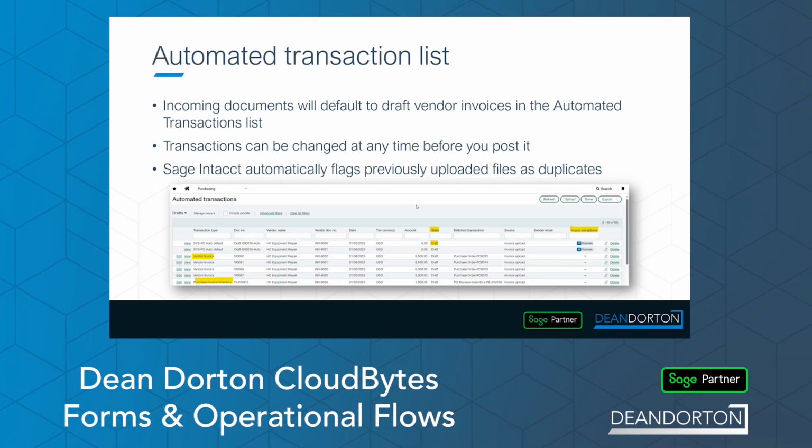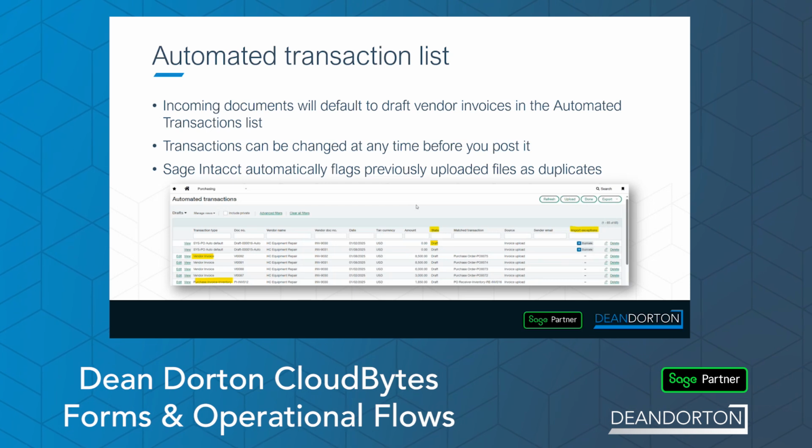So this is a new screen, a new list view inside of Intacct, and the incoming documents will default to draft vendor invoices in that list. They can be changed at any time before you post them, and they're going to flag previously uploaded files as duplicates. So that's great.